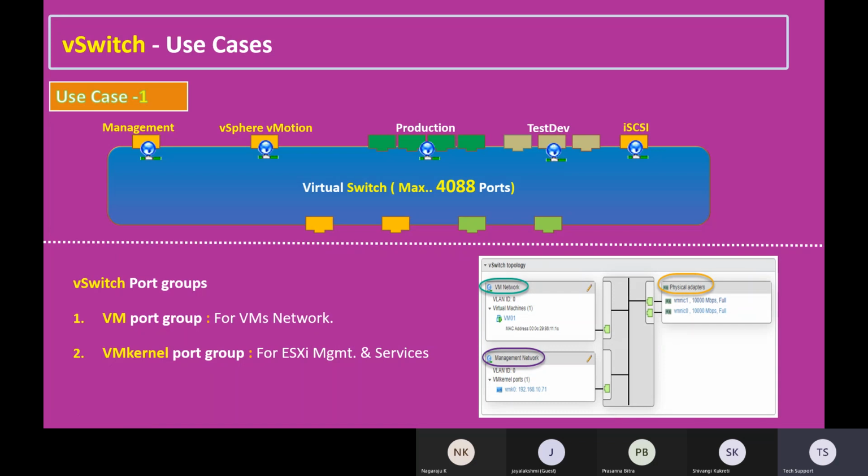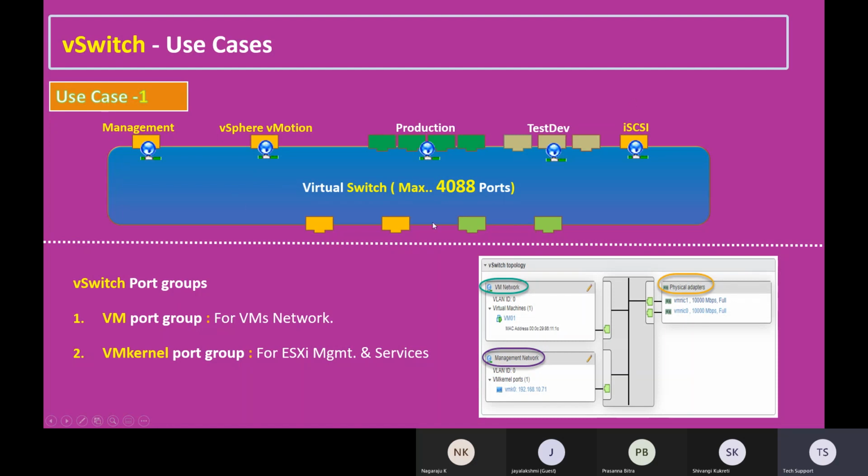Even while accessing iSCSI storage, we require a separate port group to manage our storage network. So that is the reason in use case one we created five port groups: two virtual machine port groups and three management port groups. So this is one use case.